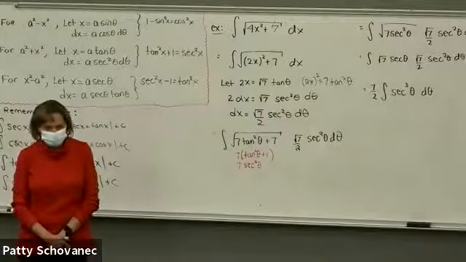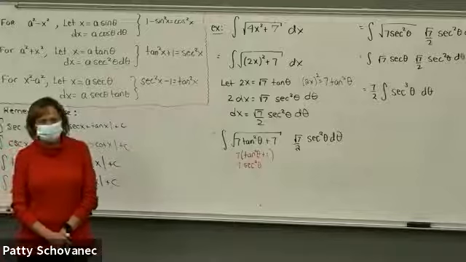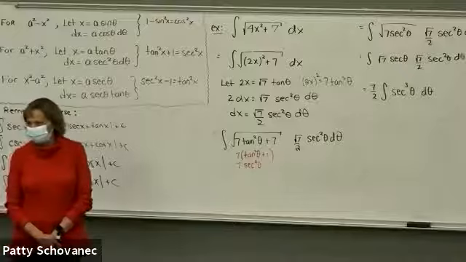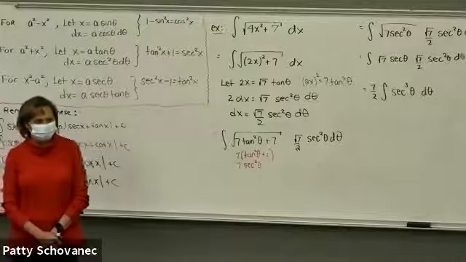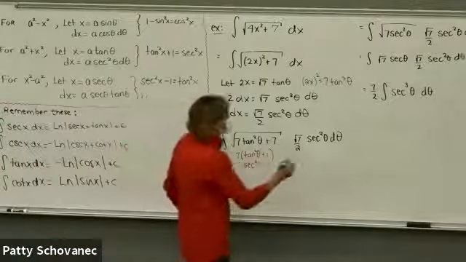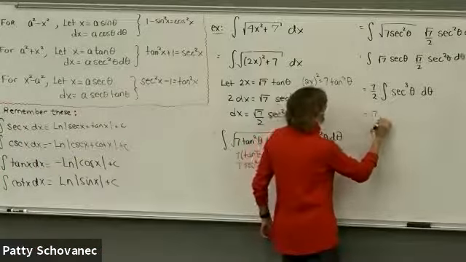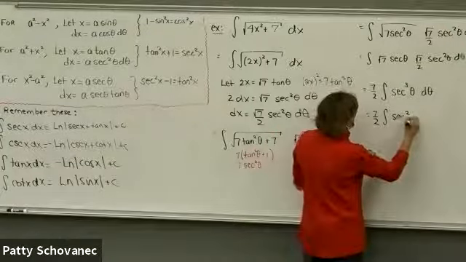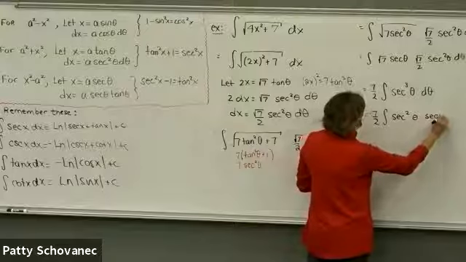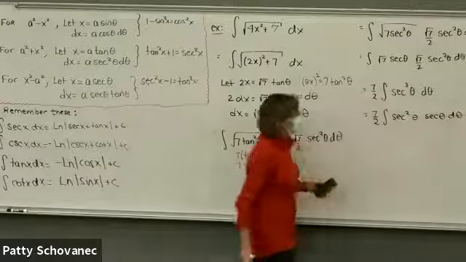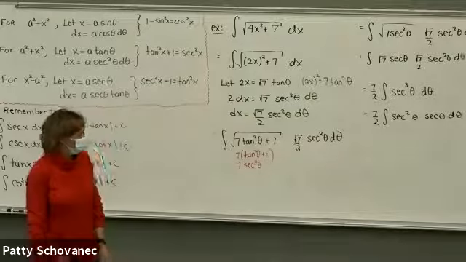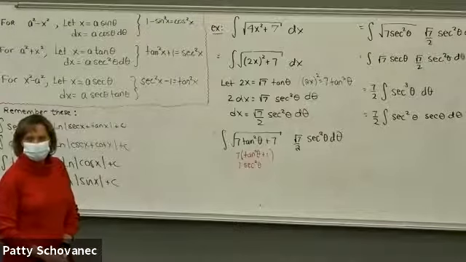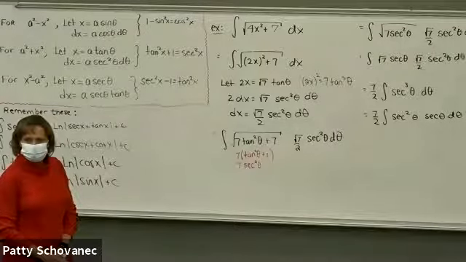Now I need some help. We got a secant squared. Usually if we have a secant squared, we want a tangent in there, but I can't put a tangent in there for the secant.